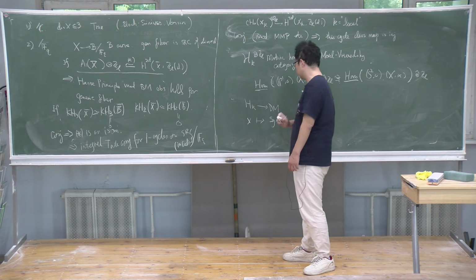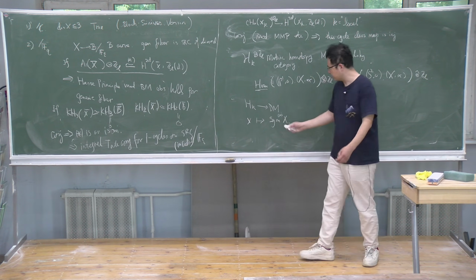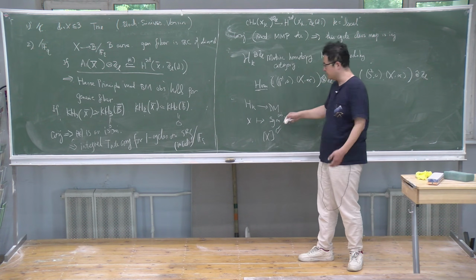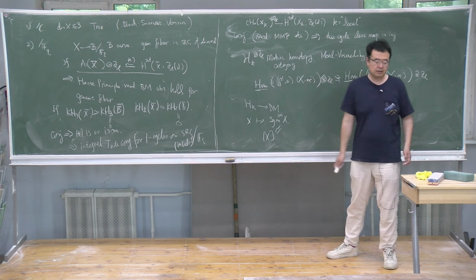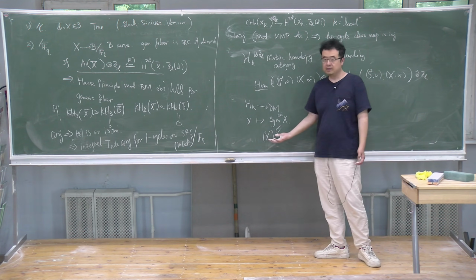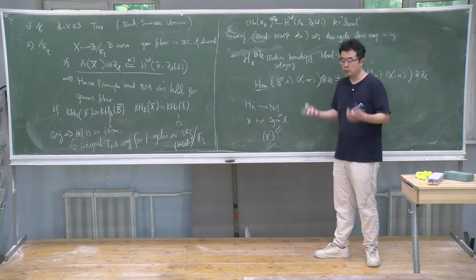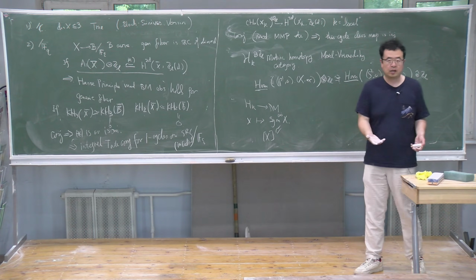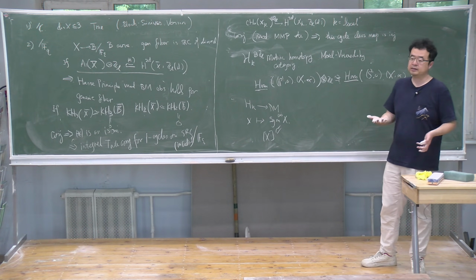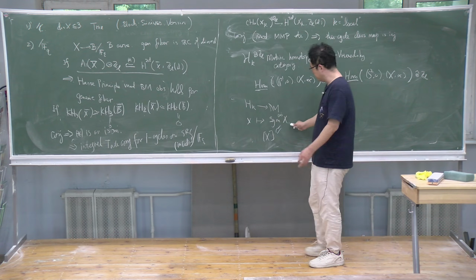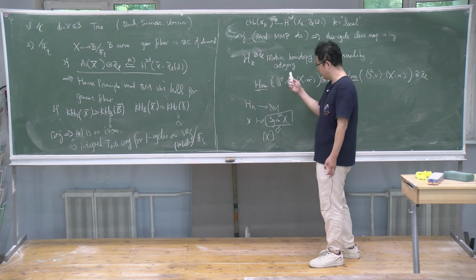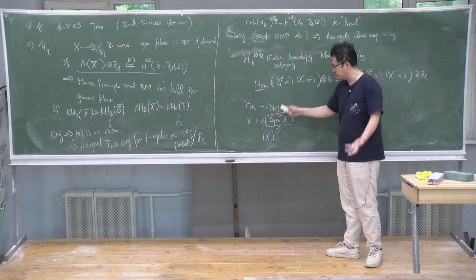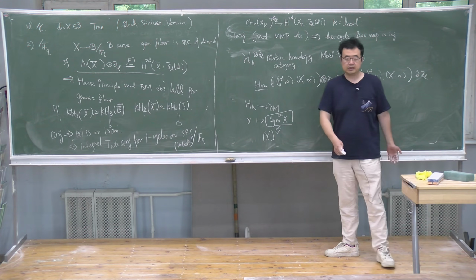So the notation is still X, so you still have an object here, but this is morally the infinite symmetric product of X. And that's why when you compute homotopy groups inside of DM, what you get is not the homotopy group of X, but rather the homology or cohomology of X. So the Dold-Thom isomorphism tells you that if you compute homotopy groups of the infinite symmetric product, you get the homology.